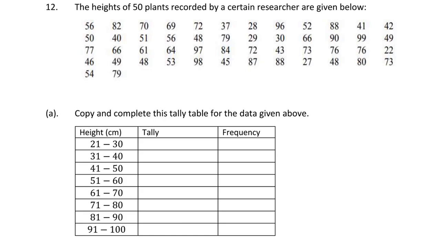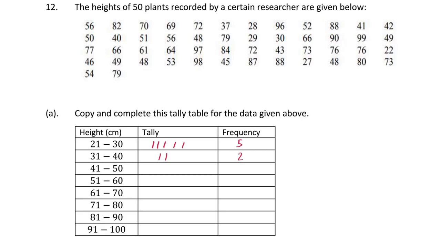Okay, so for the first one, height in centimeters, 21 to 30, the number of tallies is going to be 1, 2, 3, 4, 5, and the frequency is 5. Okay, so for the second class, 31 to 40, the number of items is 1, 2, and the frequency is 2.